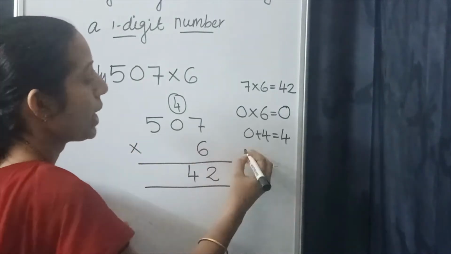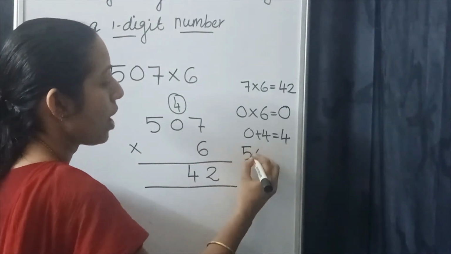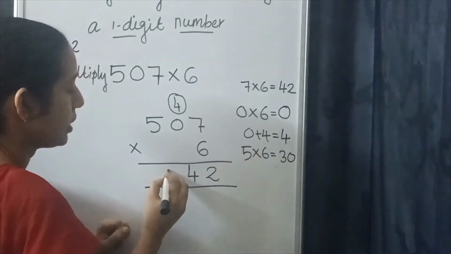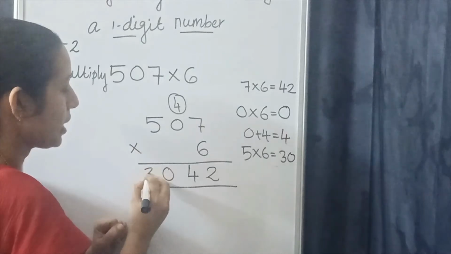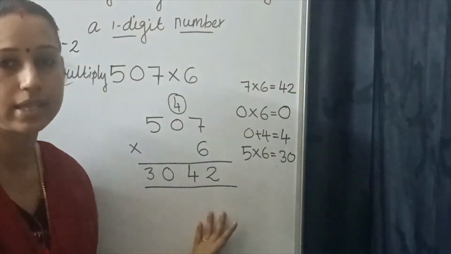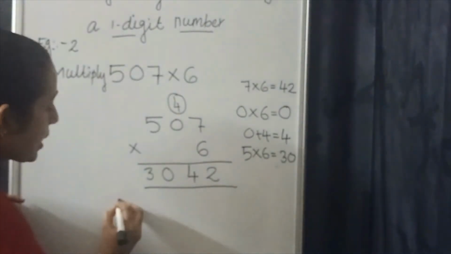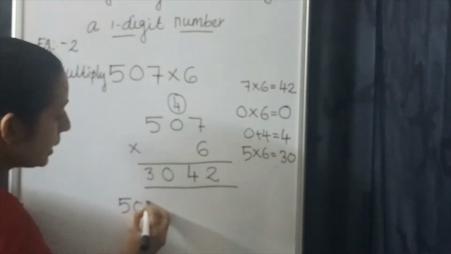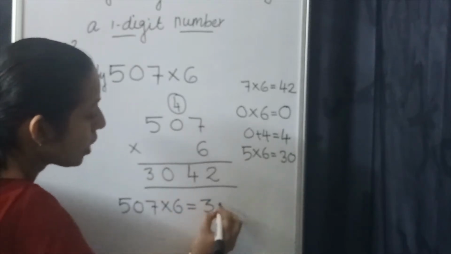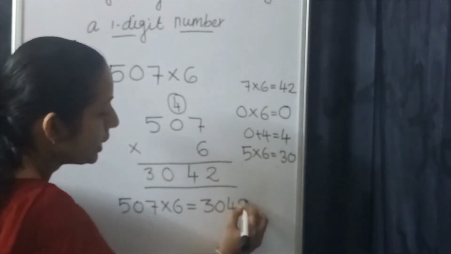Next, multiply the 100 place digit: 5 sixes are 30. So 0 we write in the 100 place and 3 we write in the 1000 place. So 3042 is the answer. So 507 into 6 is equal to 3042.